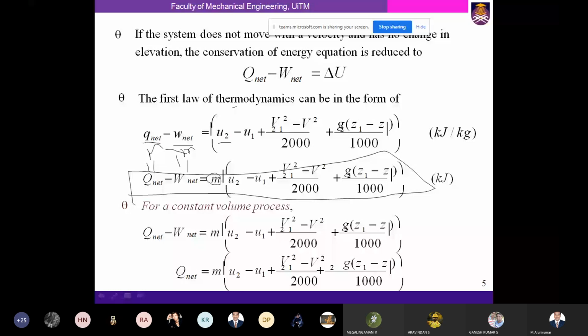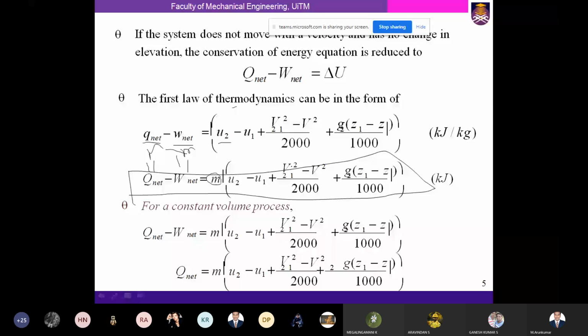In the energy equation, Q will be there, W will be there, U internal energy will be there, then velocity. This is not volume. Here V denotes velocity, because for kinetic energy we have to use the velocity. Capital V can also be used for denoting volume, but here capital V denotes velocity.